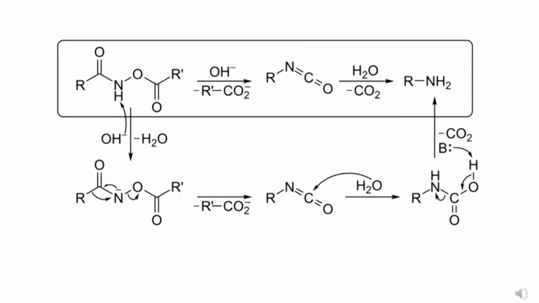In the presence of hydroxide ion, the amide proton undergoes deprotonation and then it produces this kind of N minus, and now again this N minus moves in here and there's a migration of the nitrogen and loss of RCO minus. So if you lose RCO minus over here, you end up with the isocyanate, and the isocyanate can subsequently react with water to give you carbamic acid, which then loses CO2 to produce the amine. So these are a bunch of rearrangements that are going through an isocyanate type of intermediate.